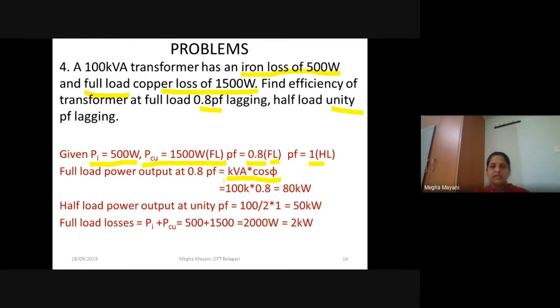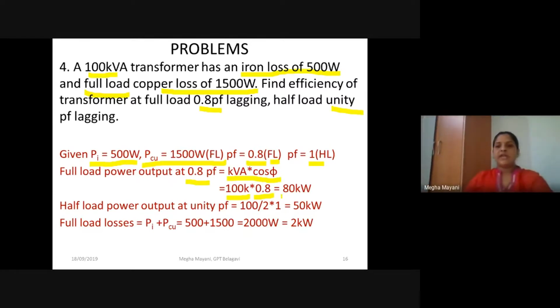The VA rating is 100 kilovolt ampere, multiplied by the power factor cos phi, which is 0.8. So we get 80 kilowatts as the full load output power.